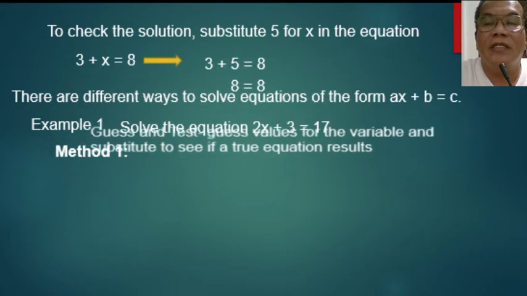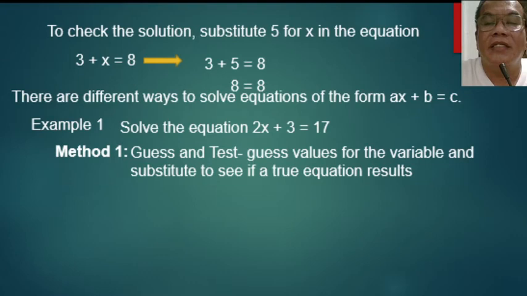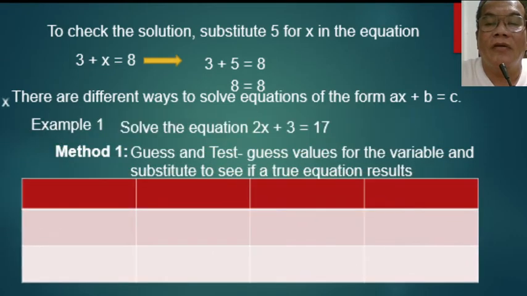Method 1 is guess and check: guess values for the variable and substitute to see if a true equation results. Okay, so let's use the values of x: 1, 4, and 7. Since the expression is 2x plus 3, substitute the value of x.